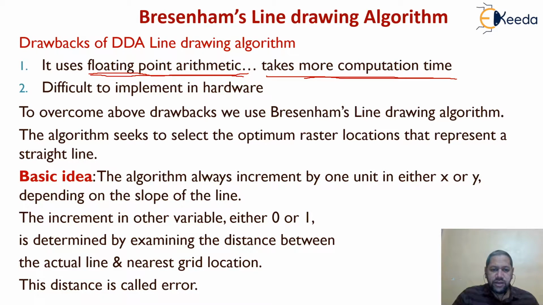It is also difficult to implement floating point arithmetic in hardware, so hardware implementation of the DDA line drawing algorithm is difficult. If I consider only integer arithmetic, the algorithm will be very fast and easy to implement in hardware. The DDA line drawing algorithm has these two drawbacks, and both are interrelated.